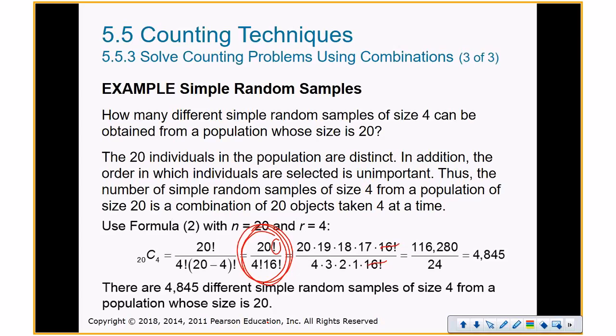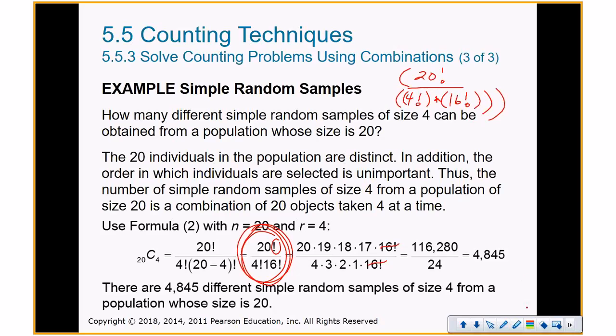Okay. So you would type in 20 factorial over 4 factorial, in parentheses, times 16 factorial, close parentheses, and then you'd have to put another set of parentheses around it.